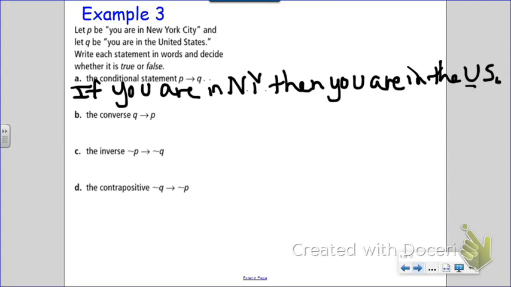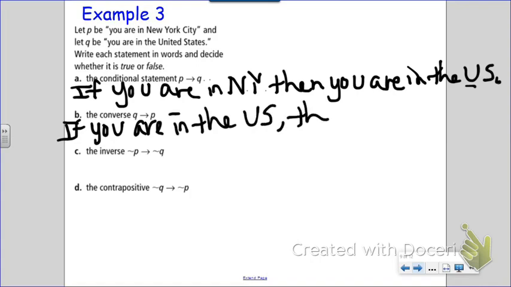The converse means we switch the hypothesis and conclusion. If you are in the U.S., then you are in New York.